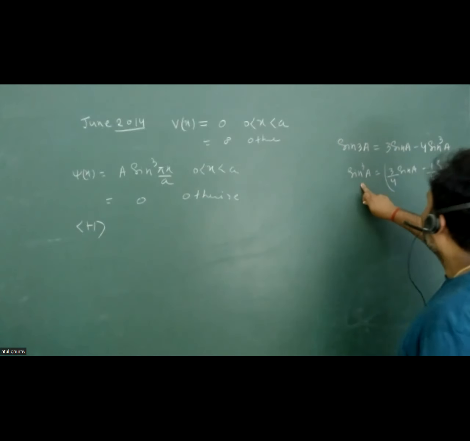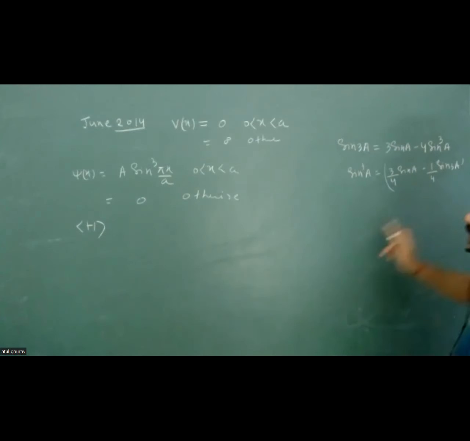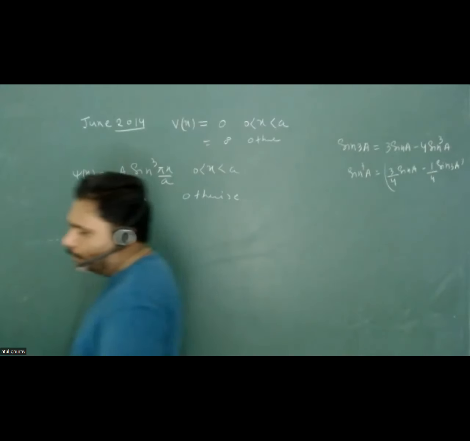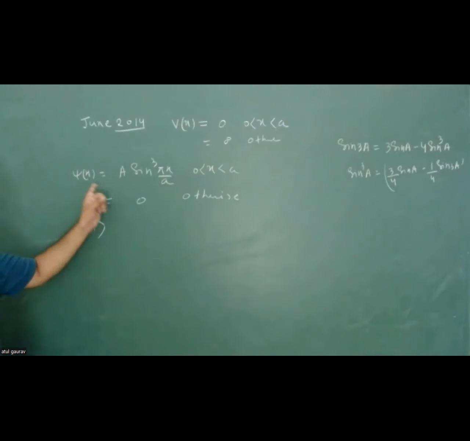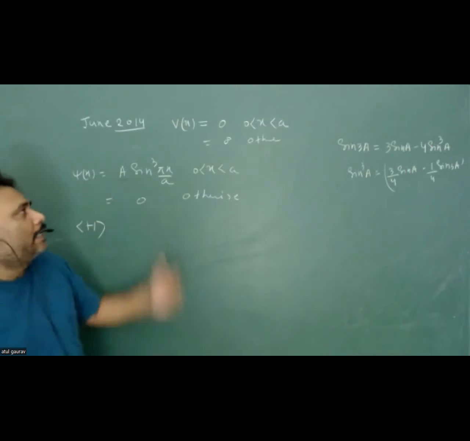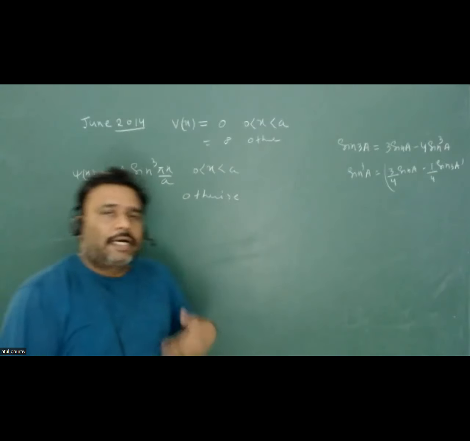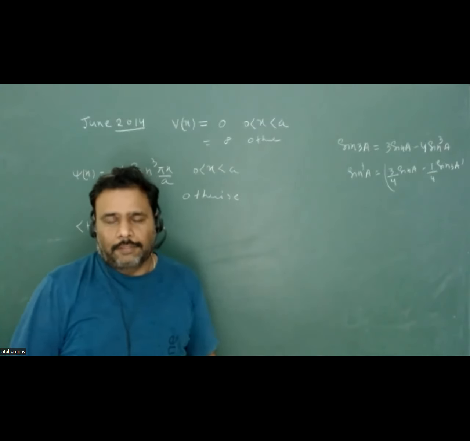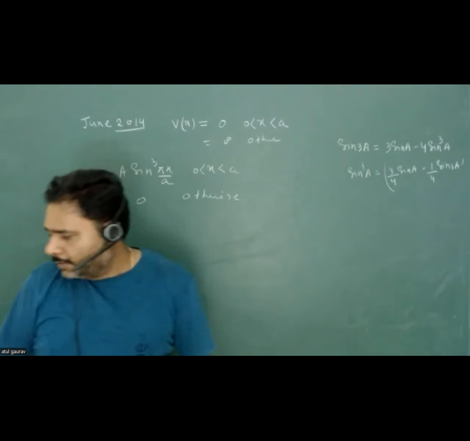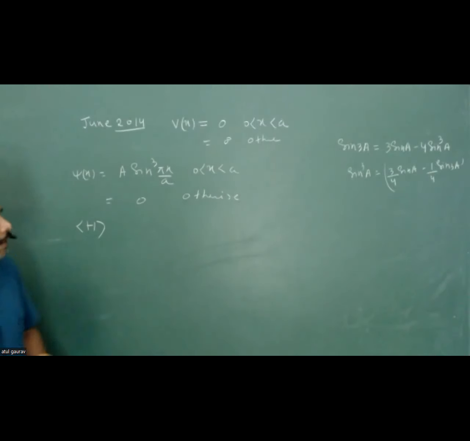So this is nothing but the superposition of sine a and sine 3a. Now what we can do is write it as a superposition of our wave functions, isn't it? So whenever this type of problem comes, just try to go into a superposition of wave functions. Now that thing will be very easy for you.